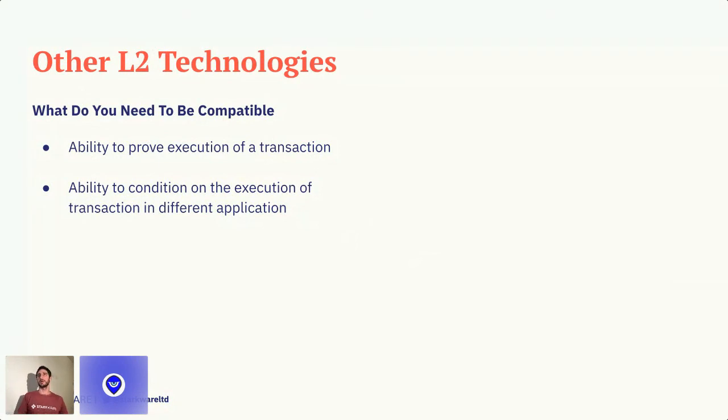For example, you can have a history tree representing all the transactions that occurred in your system, right? So this is the first requirement. And the second requirement is the ability to condition a transaction in your system on the execution of a transaction in a different system, right? The same way we did in what I described.